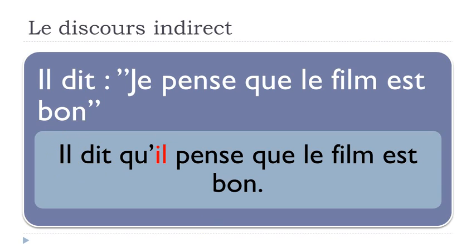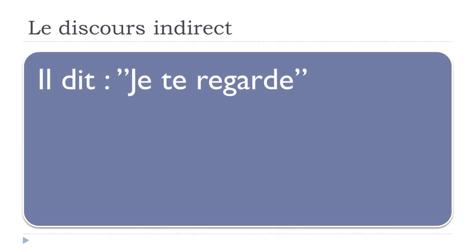Okay, let's see now a second example. Il dit, je te regarde. Okay, so same thing, so il dit, to say, so he says, je te regarde. So if you remember, we saw these pronouns before, so I am looking at or watching you, okay, but in French we put these pronouns before the verb.